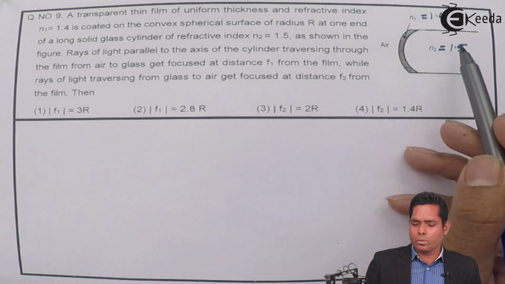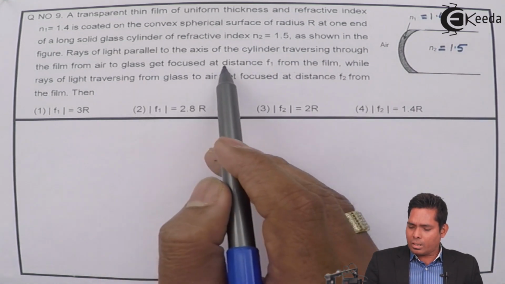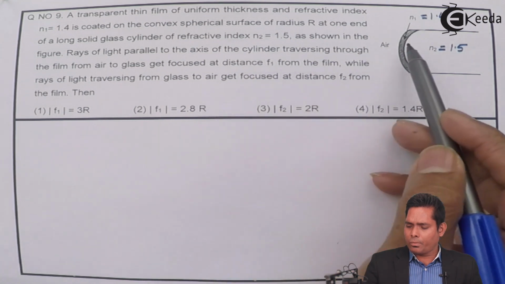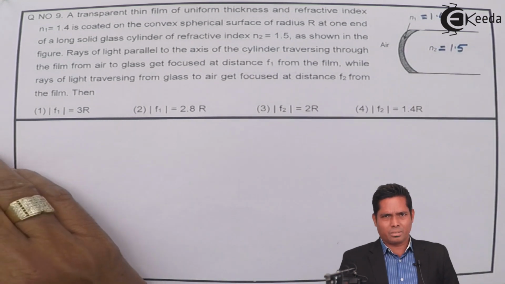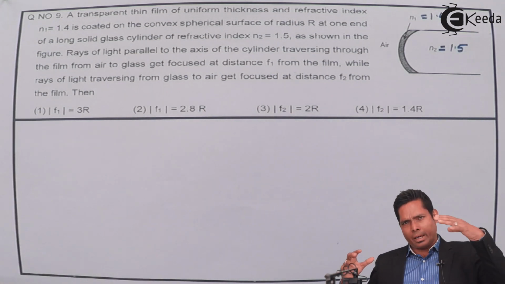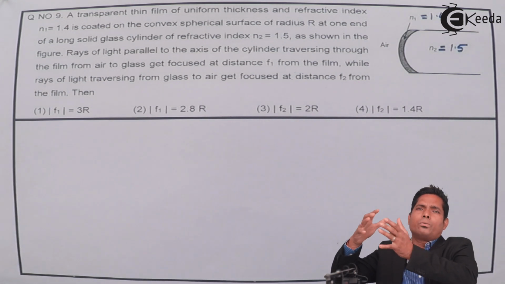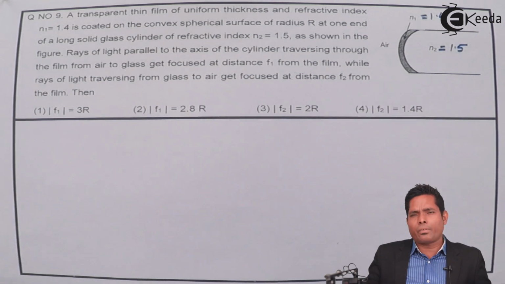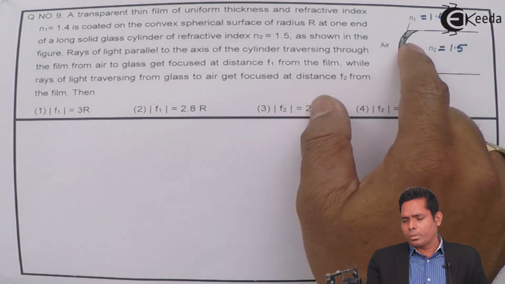So it's moving from air to glass, and gets focused at a distance f1 from the film. So the image that is formed when the rays coming from air first incident on the thin film, then the glass, and finally get focused at a distance f1 from the film.